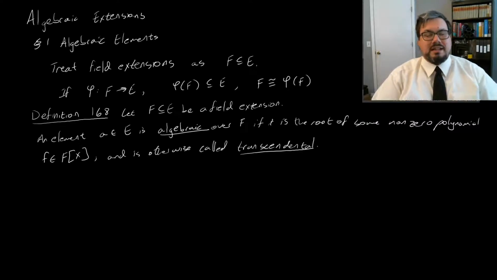So given any field extension, you'll have some algebraic elements. In particular, every element of F is itself algebraic over F because it's the root of a linear polynomial.